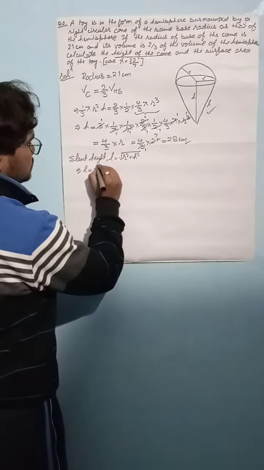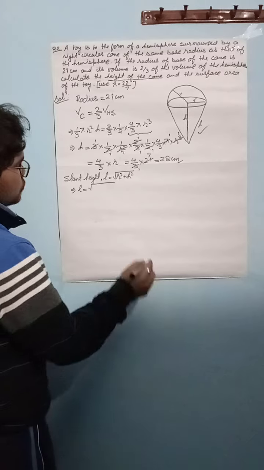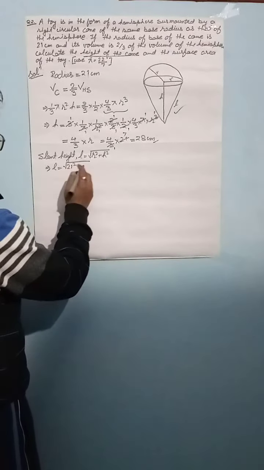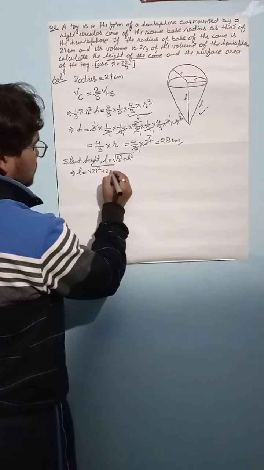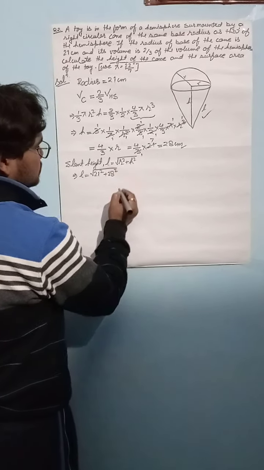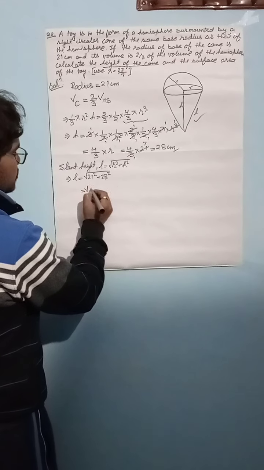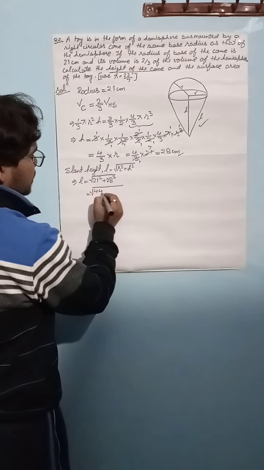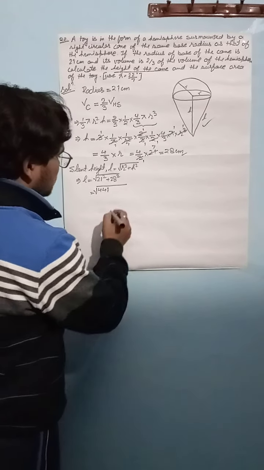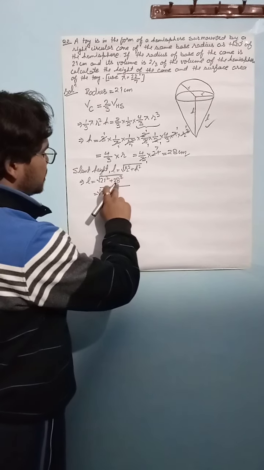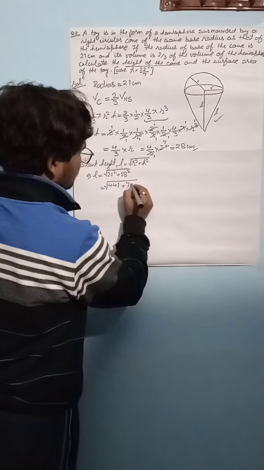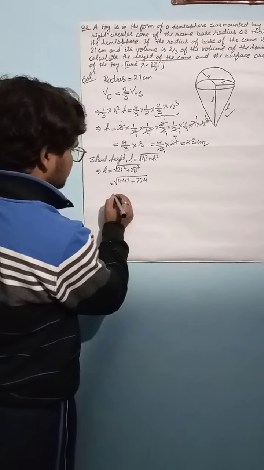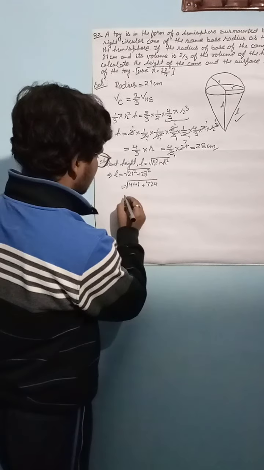L is equal to under root of R square, which is 21 square plus 28 square. We multiply 21 by 21, we get 441, and multiplying 28 by itself we get 784.